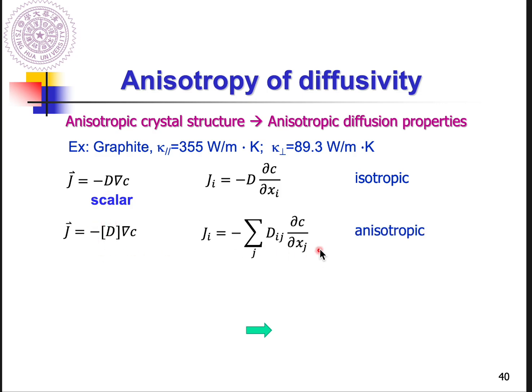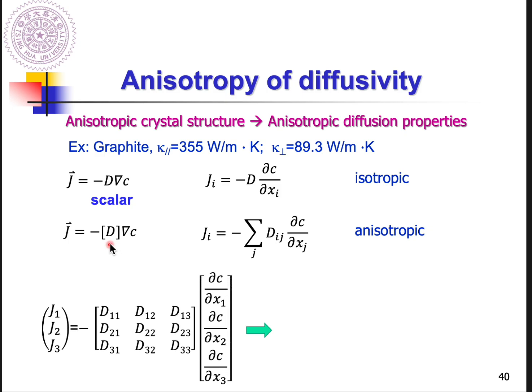So if we deal with an anisotropic material, then we need to modify Fick's first law like this and use this diffusion tensor to represent the diffusivity along different axes. For example, if we assume this is three-dimensional, and the materials we deal with are always three-dimensional, right?